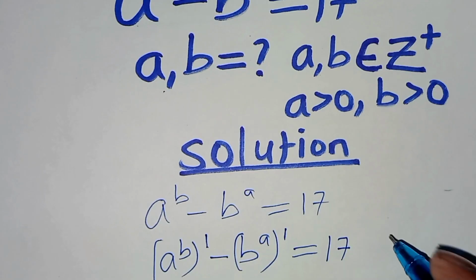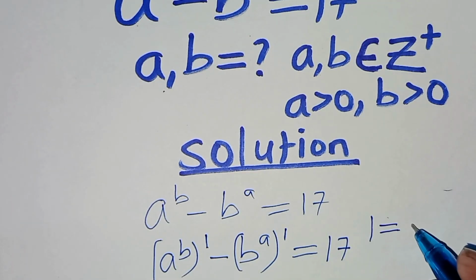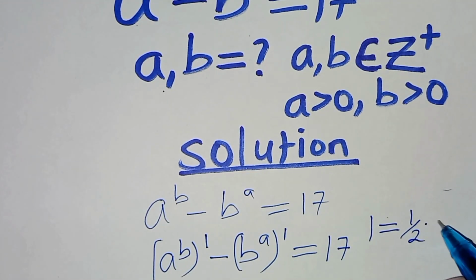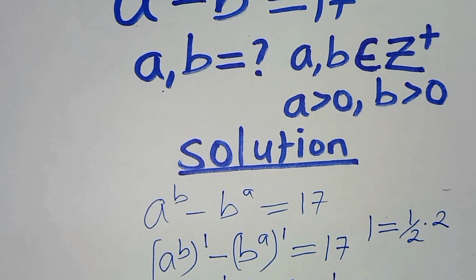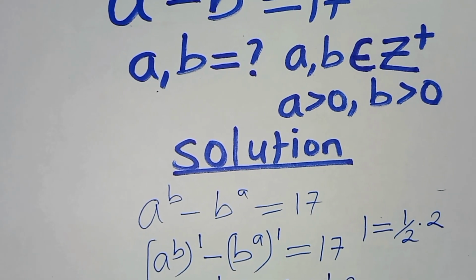The next step, we can express 1 as a half times 2. Let's substitute this. So we have a to the power b raised to the power half times 2, minus b to the power a raised to the power half times 2, equal to 17.